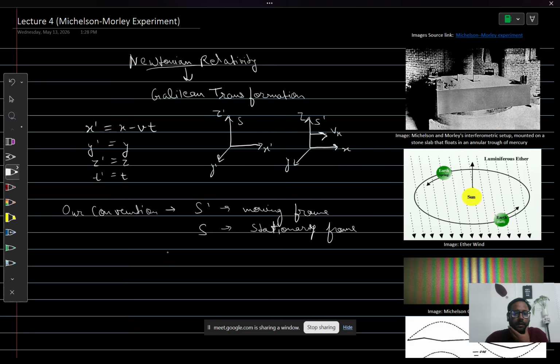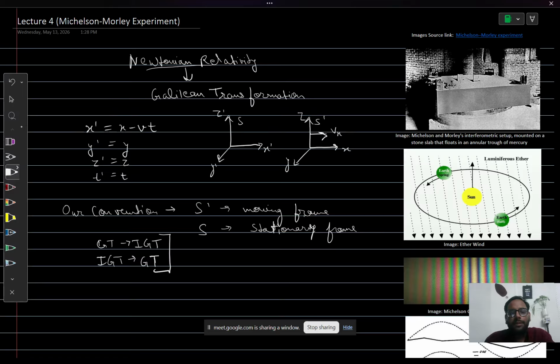If you do the opposite thing, you will just get your GT as IGT and IGT as GT, where GT denotes Galilean transformation and IGT denotes inverse Galilean transformations. This will transform when you consider S prime as stationary and S as moving.